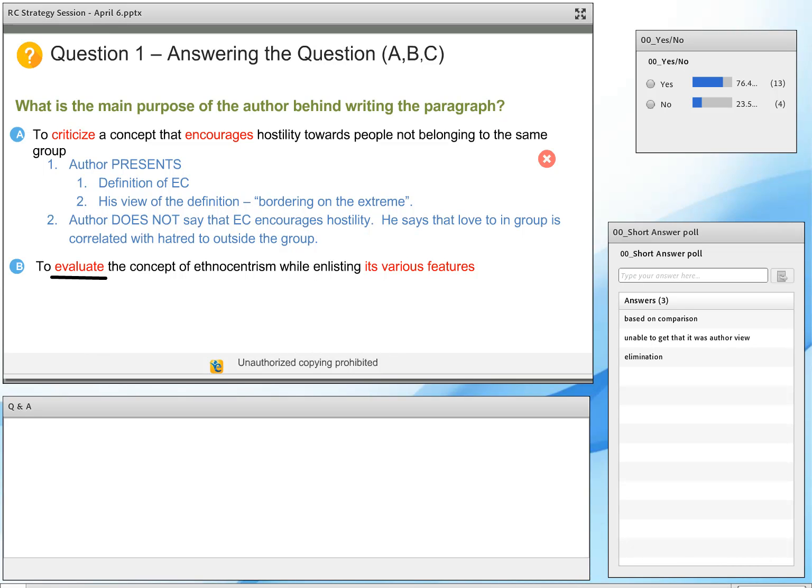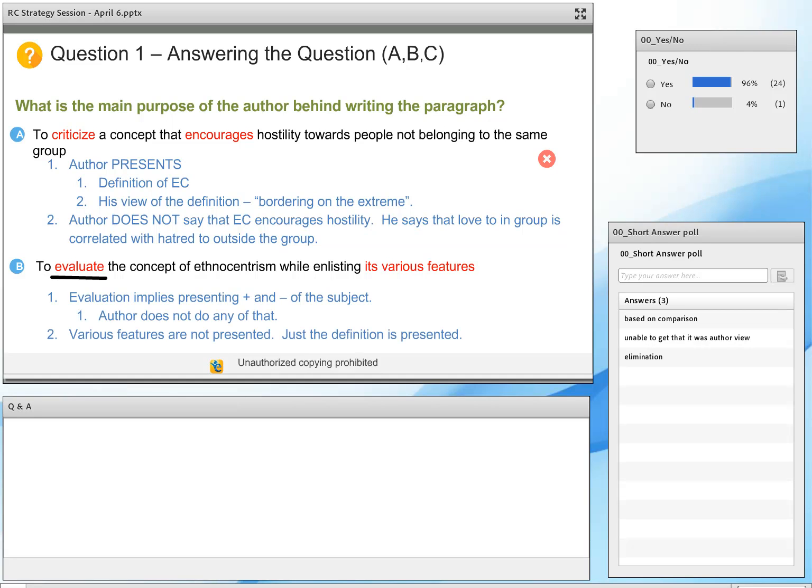The student is not reading the passage as intently as he or she should be. Okay, so the test maker actually uses your inability to comprehend the passage against you by creating choices such as these. Does this make sense? Yes or no? Okay, and that's the reason why you have to read the passage carefully so that you don't fall in these traps.